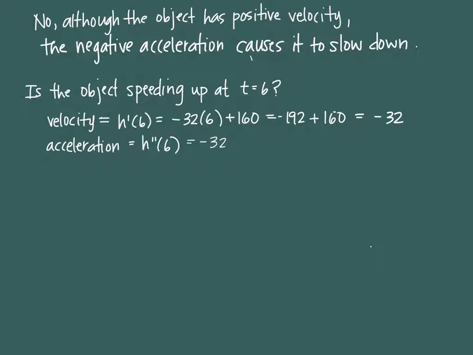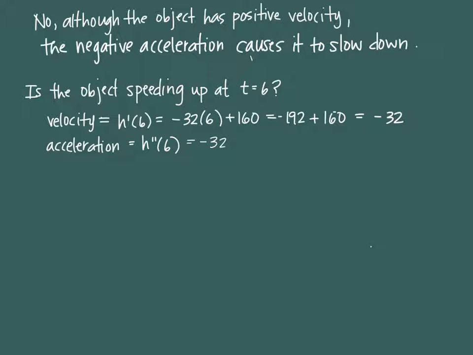All right, is the object speeding up at time 6? Well, the velocity is negative, which means it's going what direction? The acceleration is negative, which means it's pulling it down. So is it speeding up? Okay, and the answer is, again, yes, it's speeding up because the velocity and acceleration have the same sign.